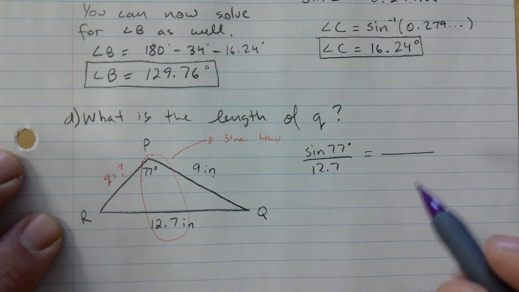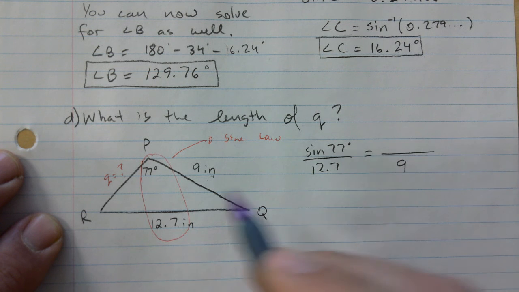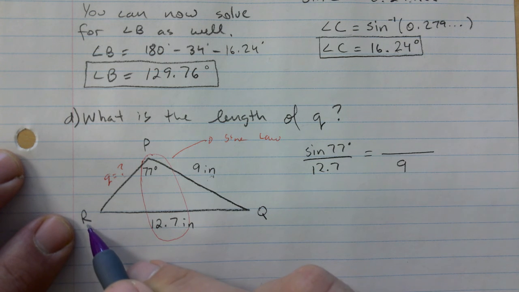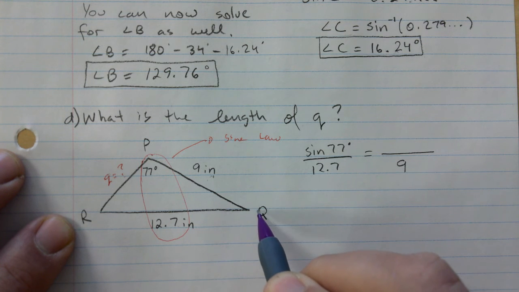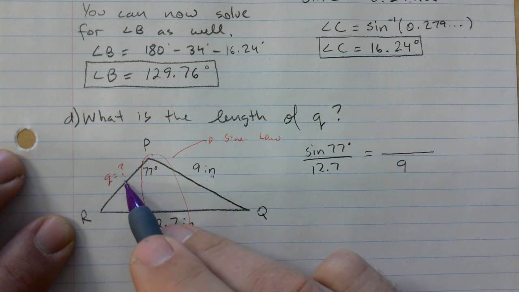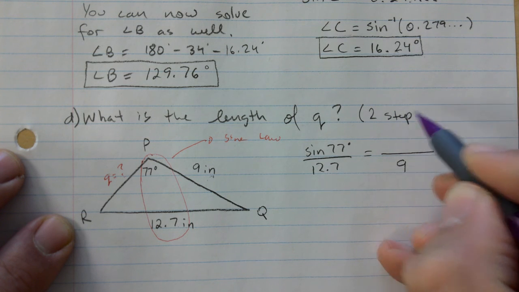This side length is given to you, so I can put the 9 here and try to find angle R first, which in turn is going to allow me to find angle Q, which in turn is going to allow me to find side Q. So this is a two-step question, right?